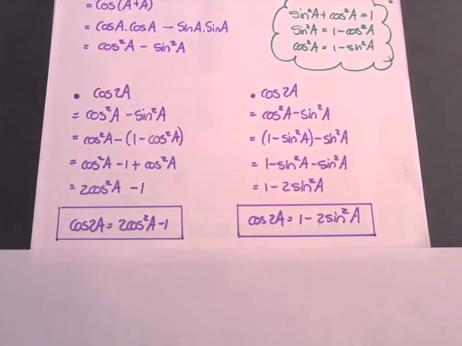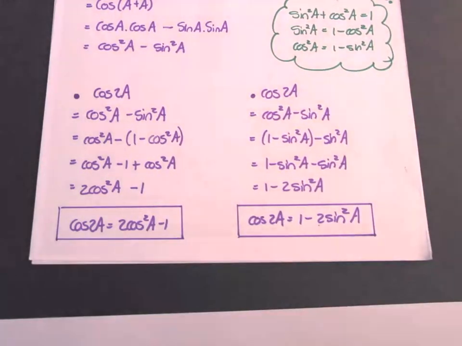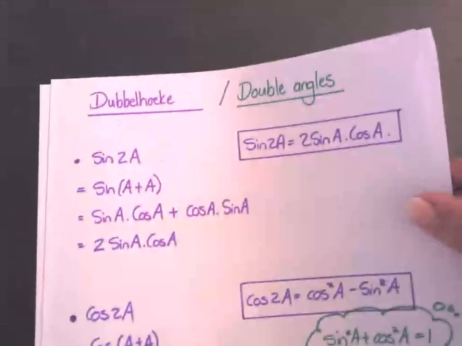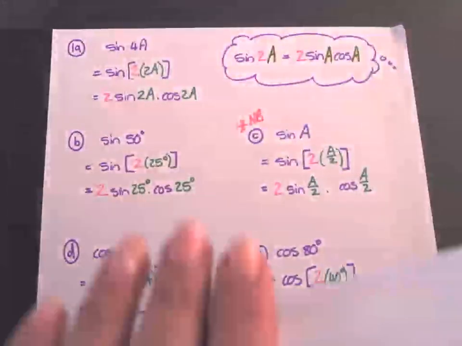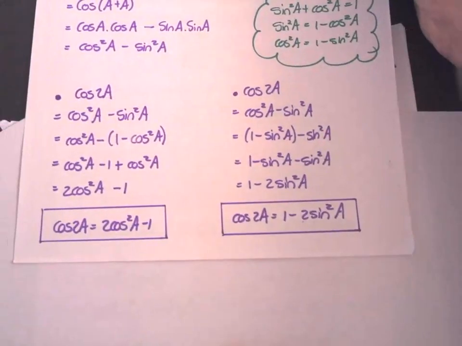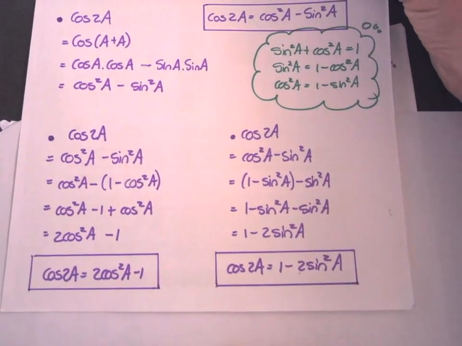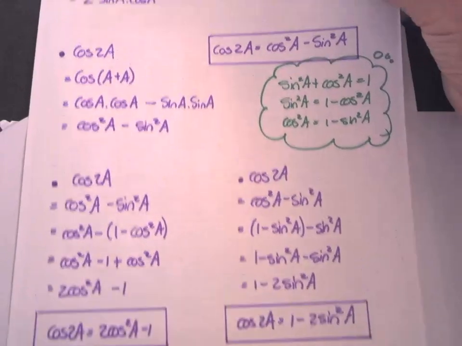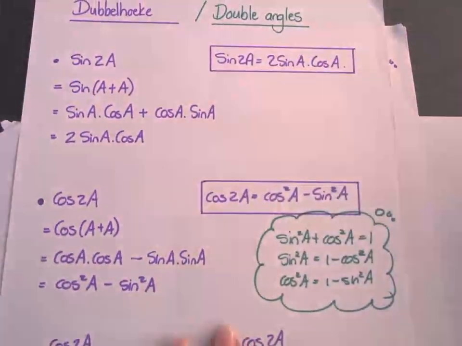Right. Now let's go to examples. Now you're going to need your two colors. Wait, first one. What happened to one cos?